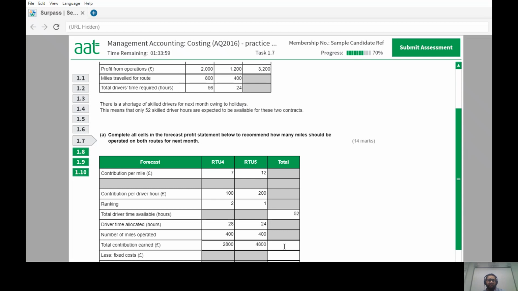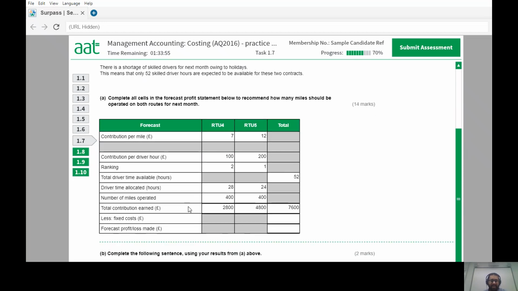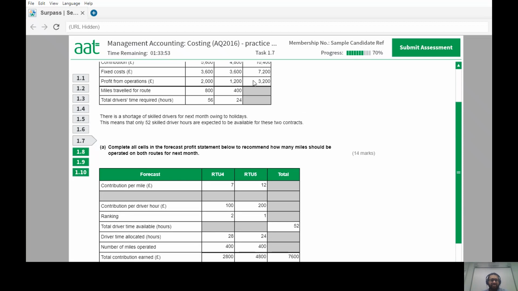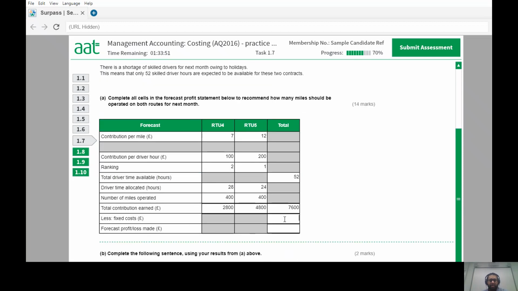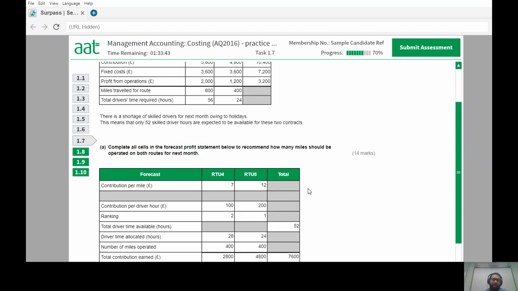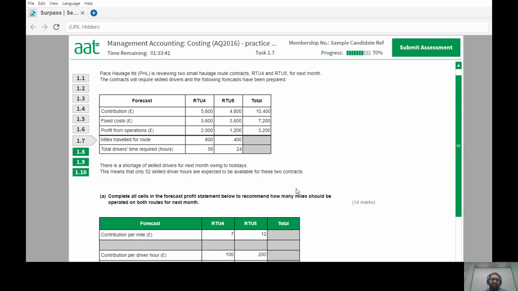The total contribution is 7,600 for these two, less the fixed cost. How much is the fixed cost? 7,200. And now my forecast profit is going to be only 400 according to what we have come across.